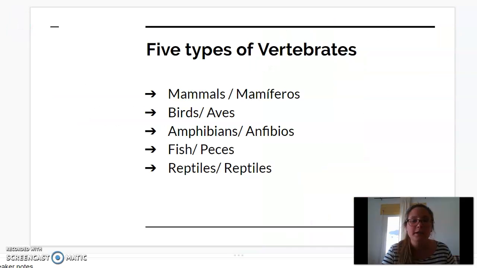Here is a list of the 5 different categories of vertebrates. First, mammals. Second, birds. Third, amphibians.